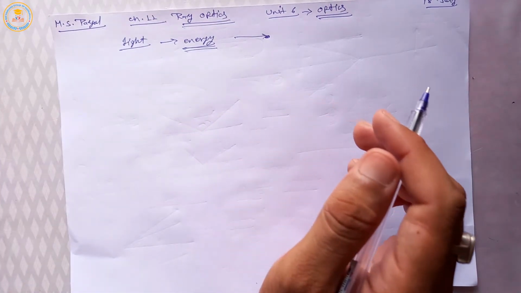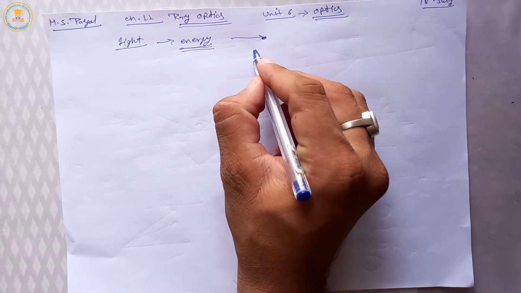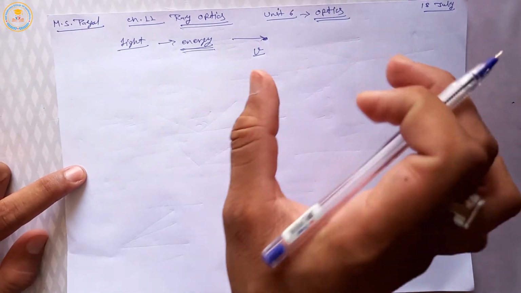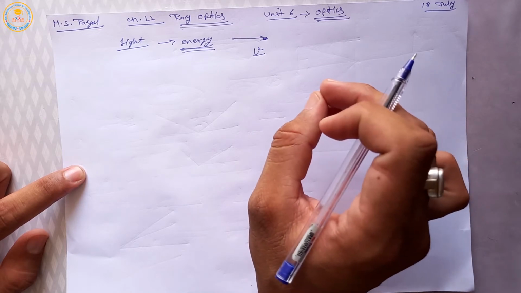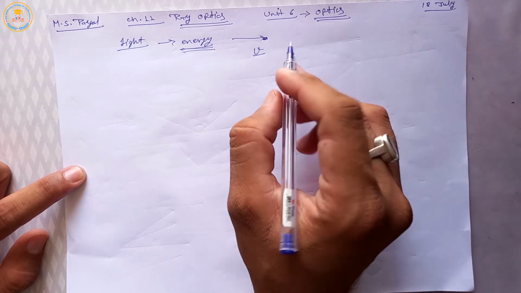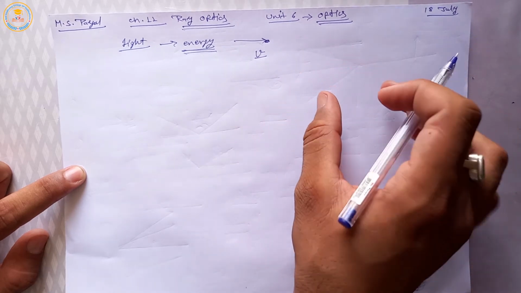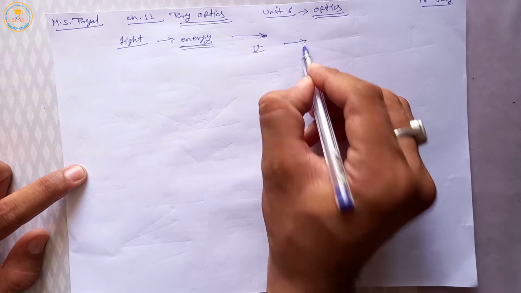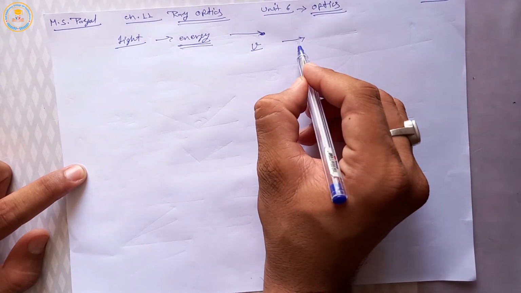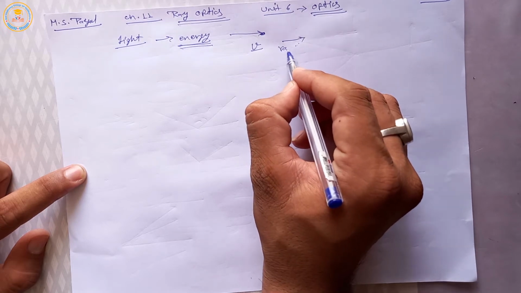The velocity of light remains the same in a uniform medium. Suppose we have a uniform medium, then in this medium the velocity of light remains the same, and this light moves in a straight line, and this straight line is called a ray of light.